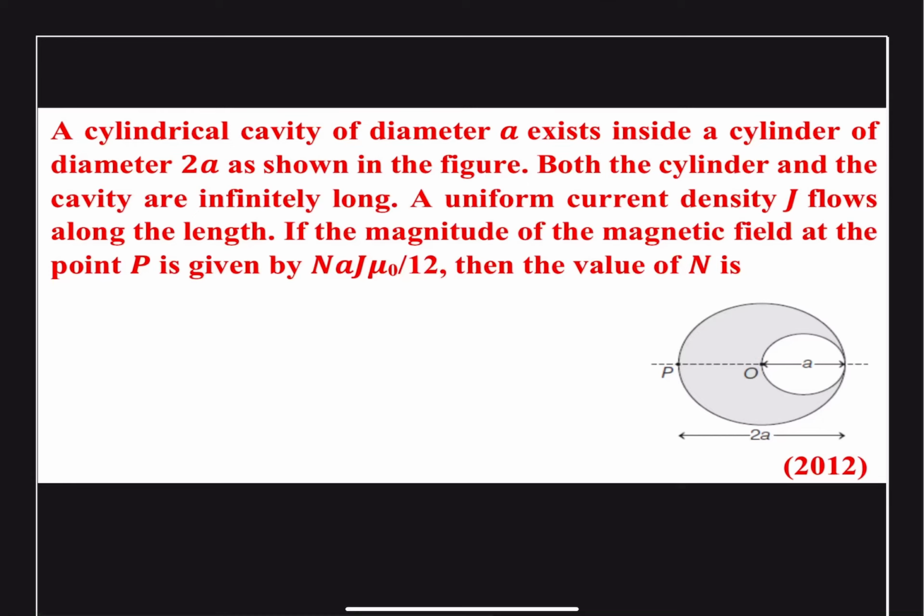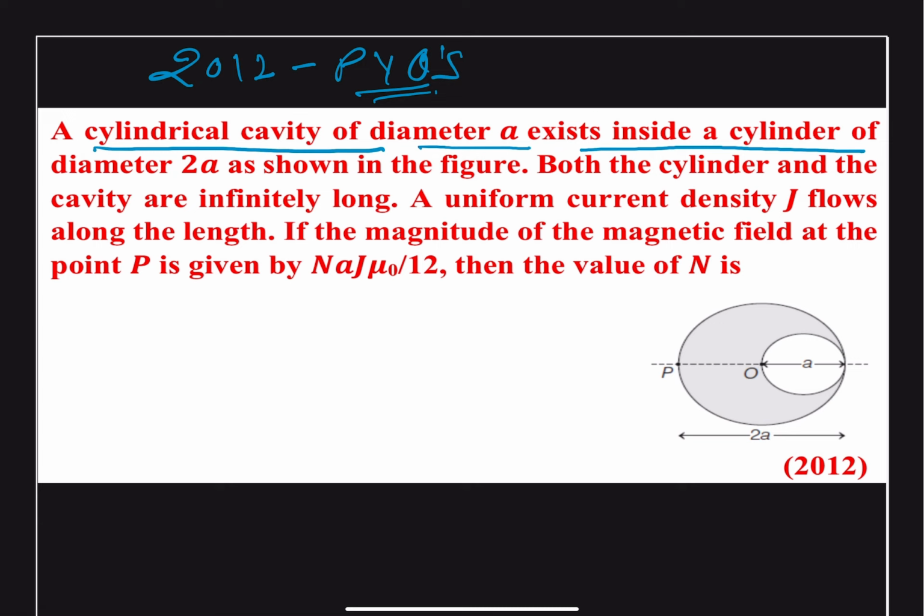Today we are going to discuss questions, and these questions are from year 2012. So in the first question, it is said that a cylindrical cavity of diameter A exists inside a cylinder of diameter 2A as shown in the figure.